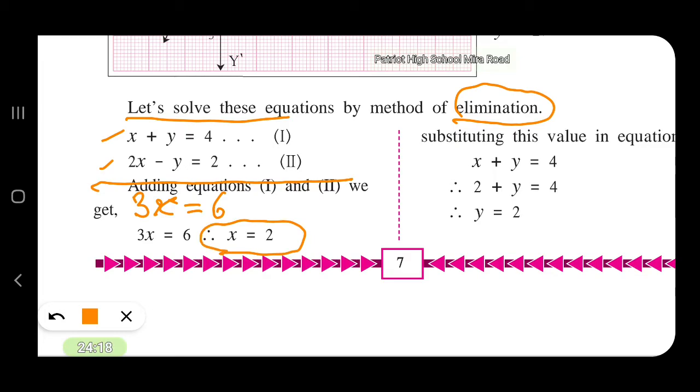X is equal to 2. We will substitute the value of x is equal to 2. So in the next step you have 2 plus y is equal to 4. So this will get subtracted from 4, and you will have y is equal to 4 minus 2, that is y is equal to 2.